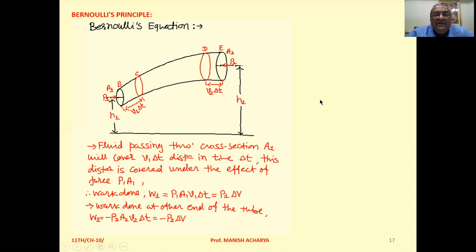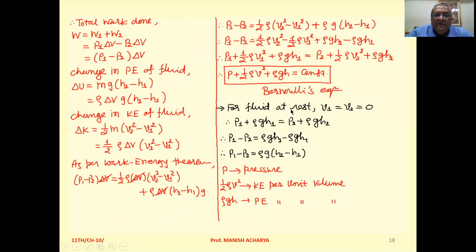So at height h, the potential energy of mass m, that is given by mgh, that we studied. So we can write change in potential energy of the fluid, that is mgh2 minus mgh1. mg common, then mg into h2 minus h1.